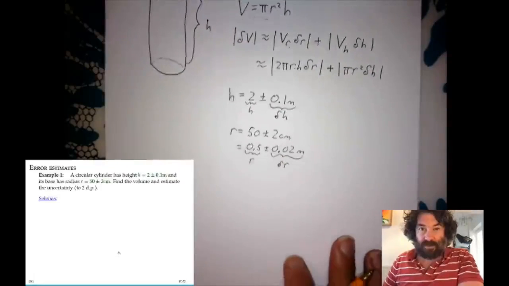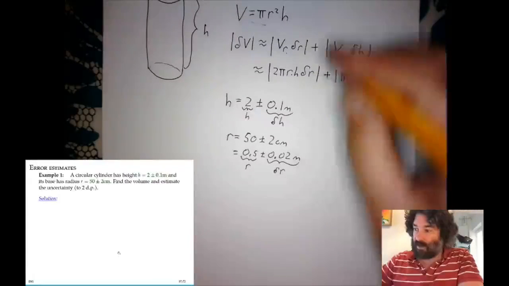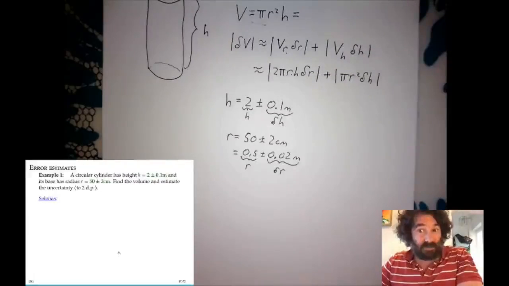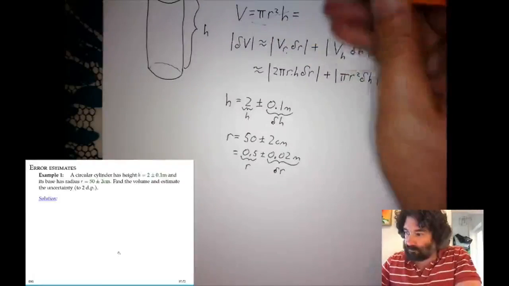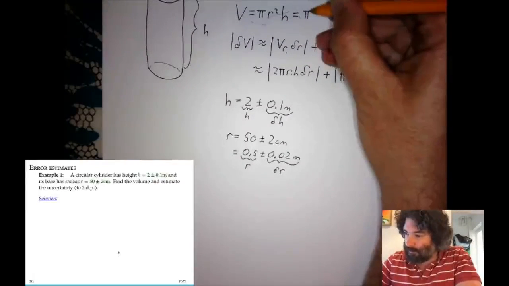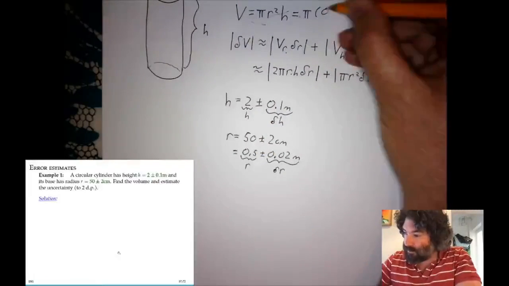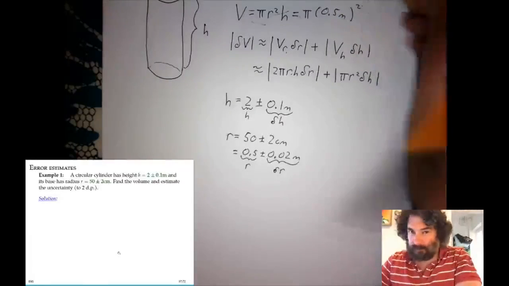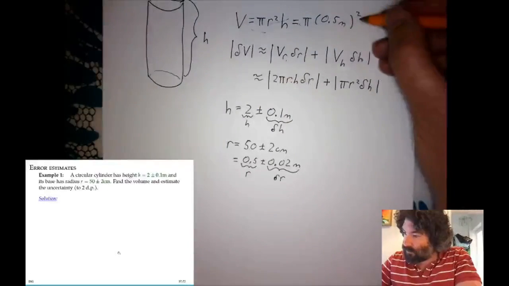Okay, so now we have everything that we need. We can calculate the volume and estimate the error in the volume. So the volume is pi, r is 0.5 meters squared, and h is 2 meters.